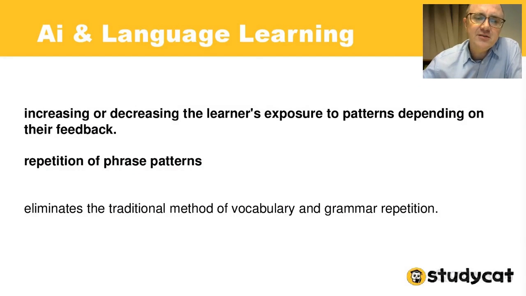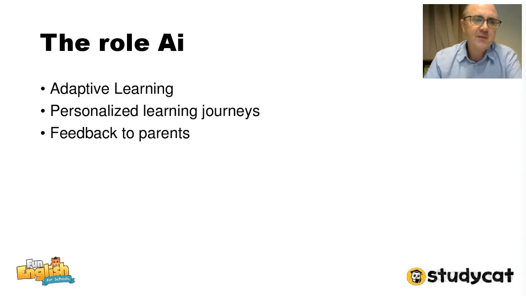It's increasing or decreasing the learner's exposure to patterns based on their feedback. It eliminates this old school version of just repeat, repeat, repeat. It's finding the patterns, what you're getting wrong, and feeding it back to you, making sure you end up with the right thing.